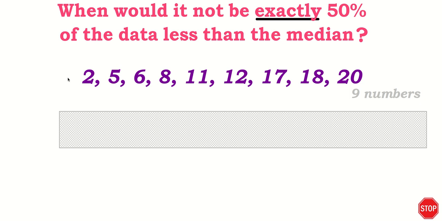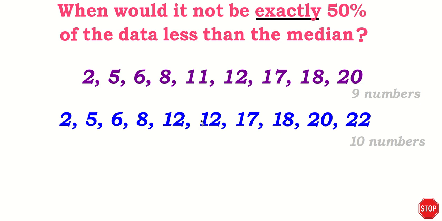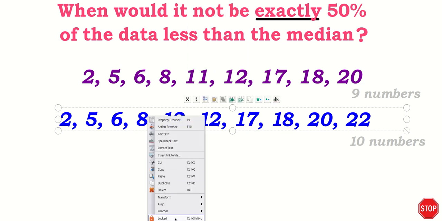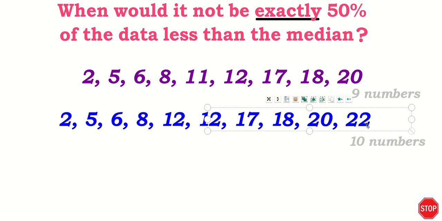So again, when you have an odd number of values, it's not going to be exactly 50% less than the median. And the other situation is, what if you have this?